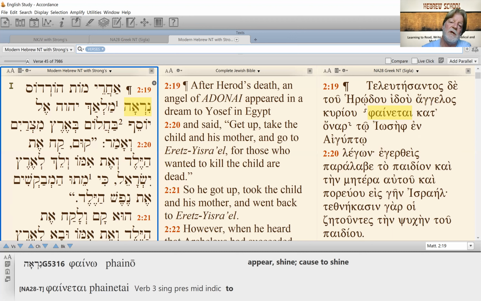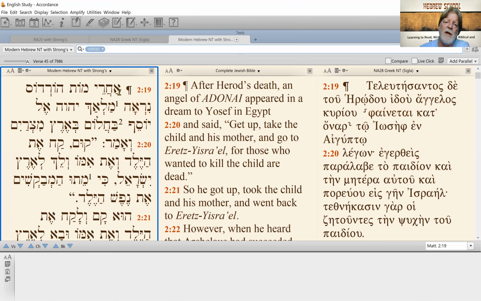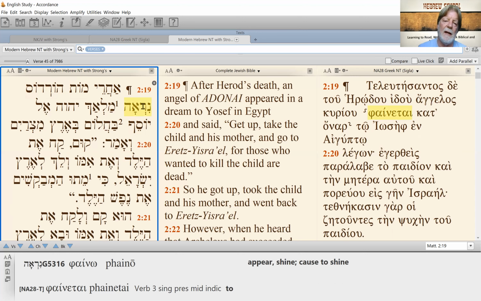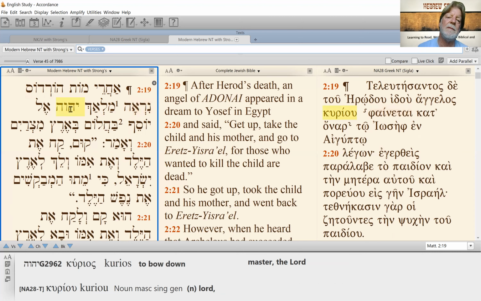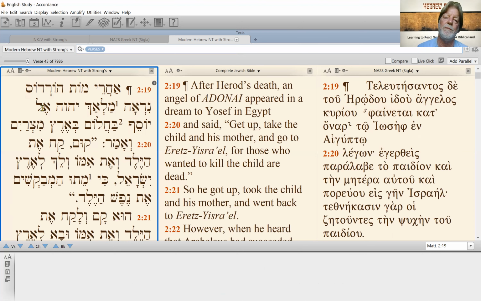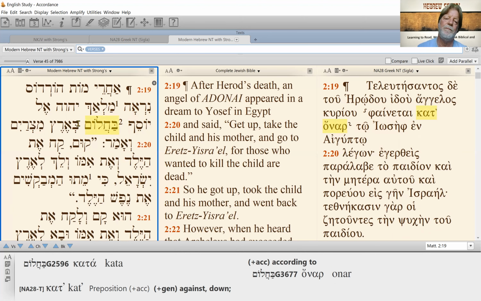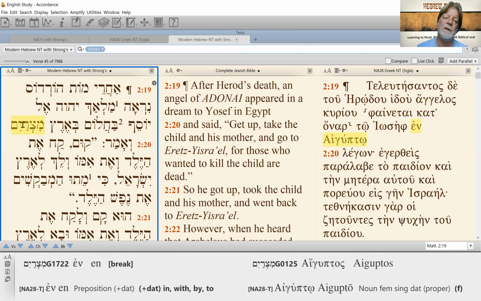Verse 19, after the death of Herod, there appeared an angel of the Lord to Joseph in a dream in Egypt.